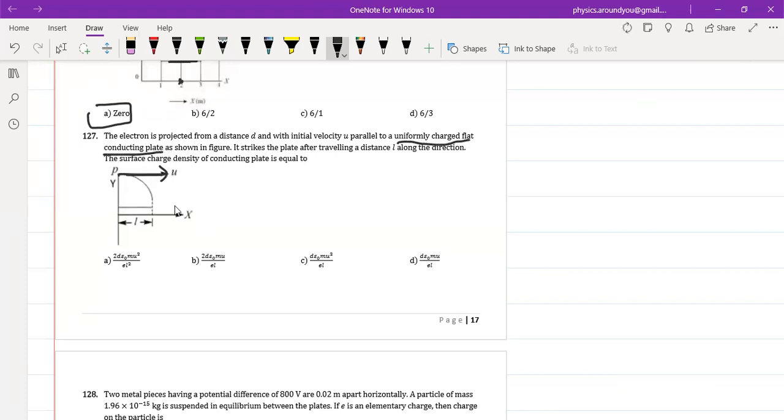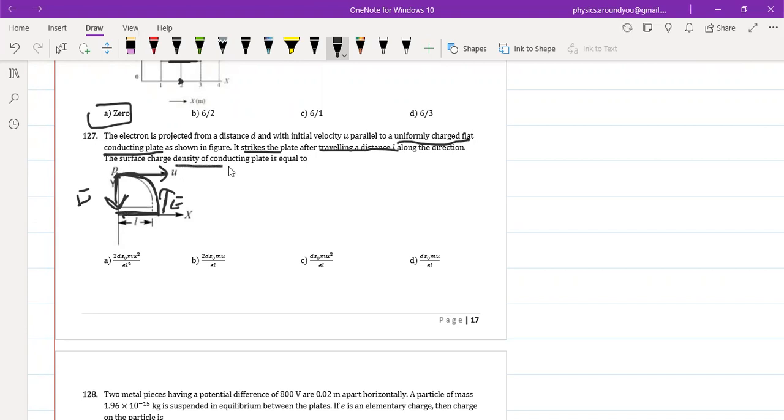We know that due to a conducting plate, the field is always perpendicular to the sheet, right? So the force experienced by the electron is always in the opposite direction of the field. So the electron is going to experience a downward force, so it is getting attracted. It strikes the plate after traveling a distance L along the direction. So this distance is L.